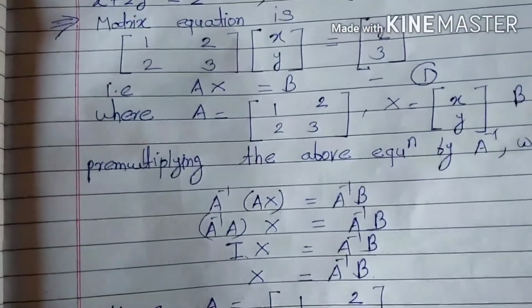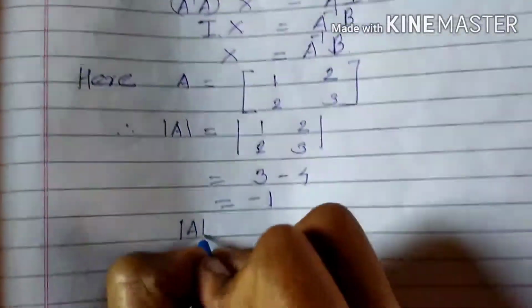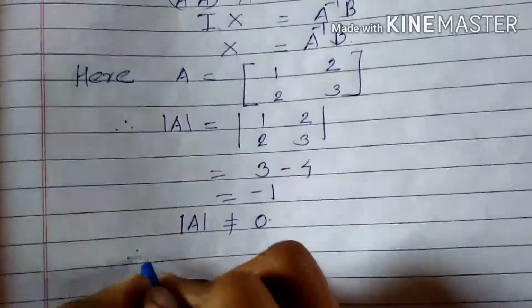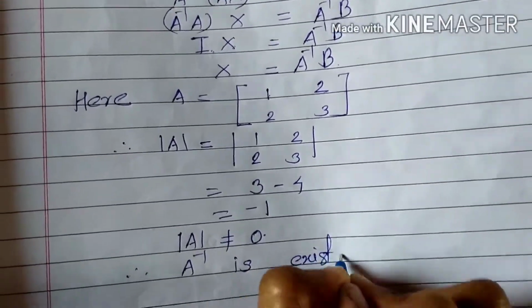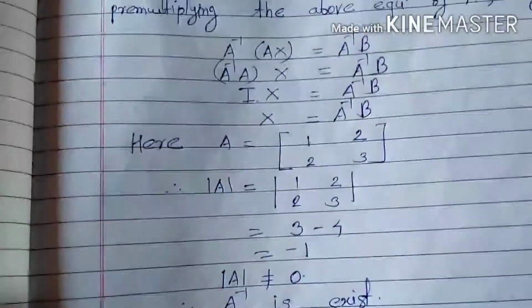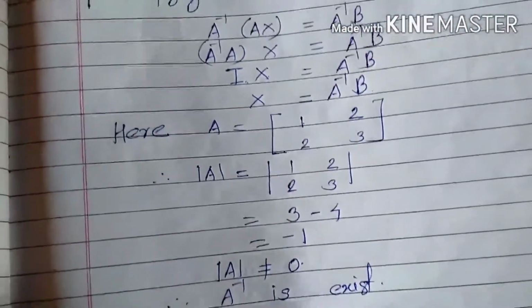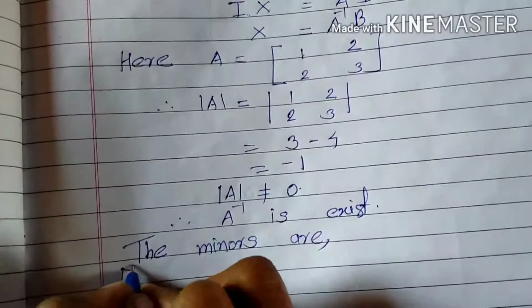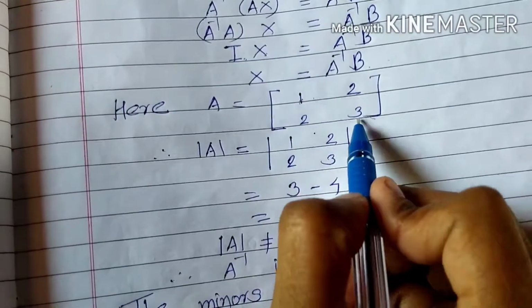Determinant of A: 3 minus 4 is equal to minus 1. Determinant of A is not equal to 0. Therefore A inverse exists. Now find minors. M11 is equal to, deleting the first row and first column, you get the element 3.